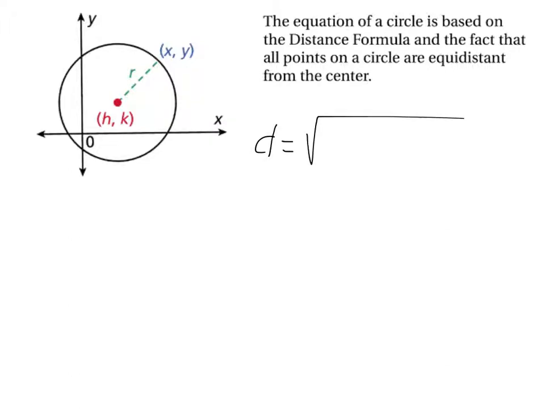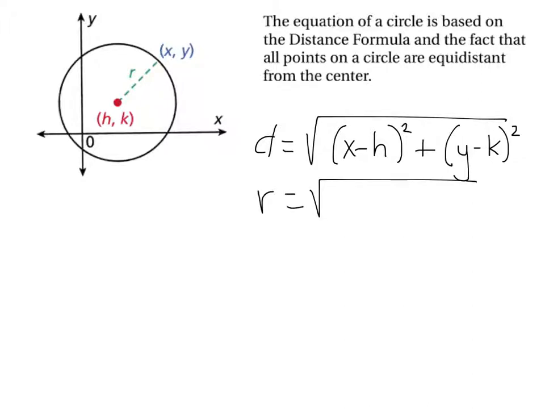Distance equals, we subtract our x values, so the square root of x minus h squared, plus y minus k squared. And now d is really the distance from the points, which is really r. So r equals all of this. And now I need to get rid of the square root.